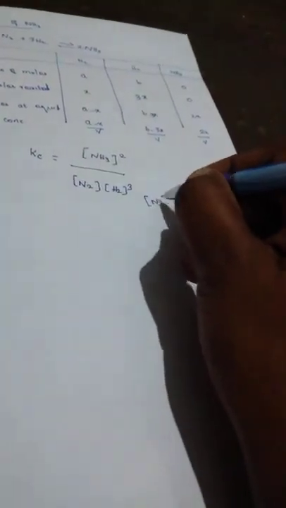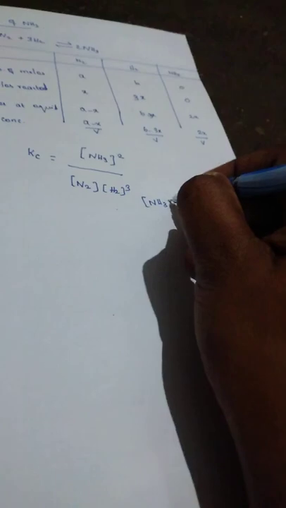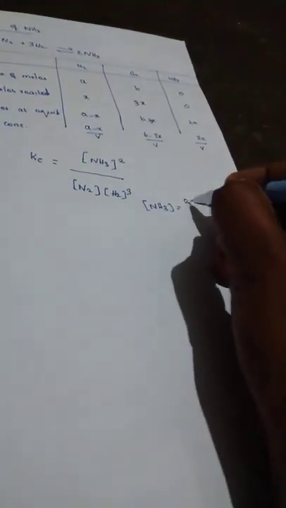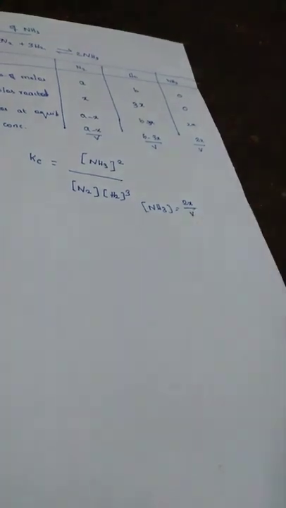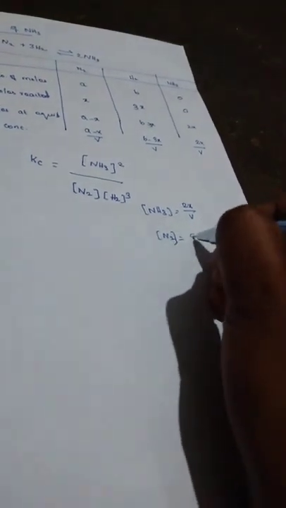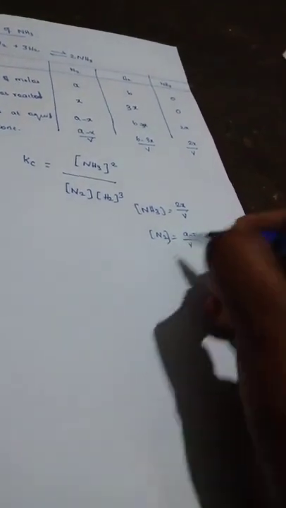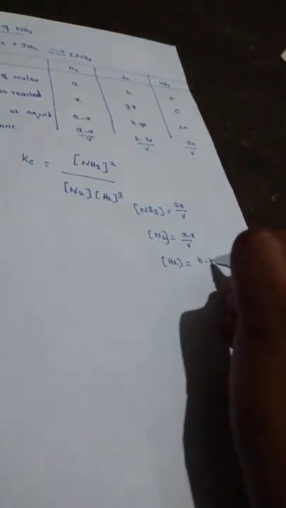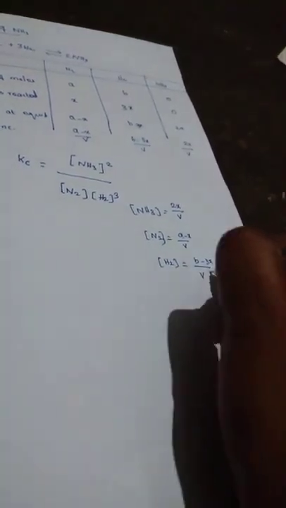Understand? Now we can substitute all the concentration values. Can you tell the concentrations? First the concentration of NH3 is 2X divided by V. Then the concentration of nitrogen is A minus X divided by V. The concentration of hydrogen is B minus 3X divided by V. Now we can substitute all the values.